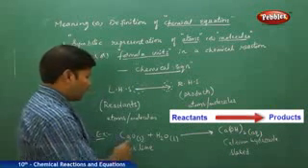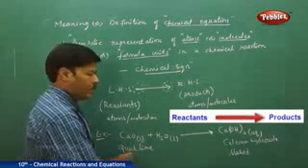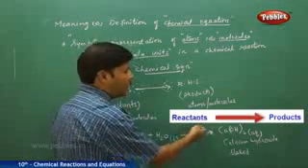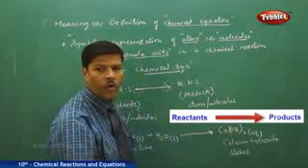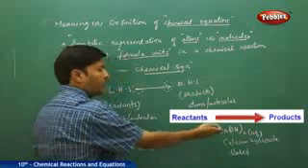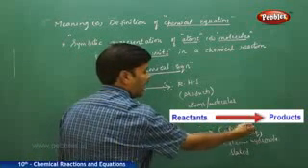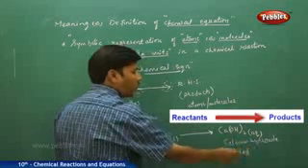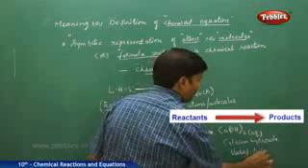So here quicklime is acting as a reactant, being dissolved in water, and the chemical change takes place with the formation of the product, calcium hydroxide, also called slaked lime.